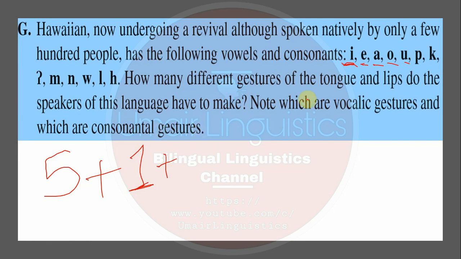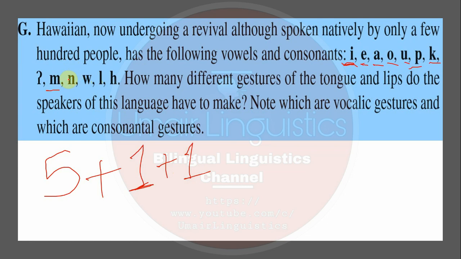Then we have k. K is a velar sound, and there is no other velar sound. So this is another one, and we have included p, k, and m as well.